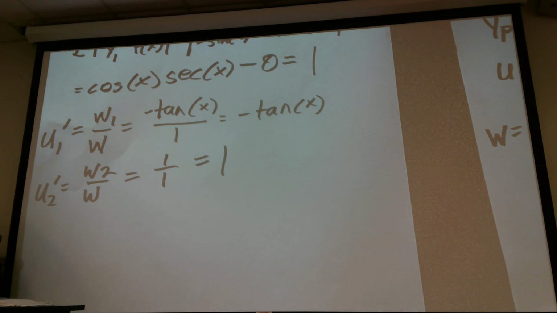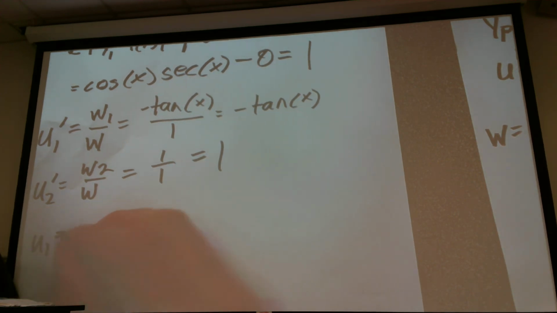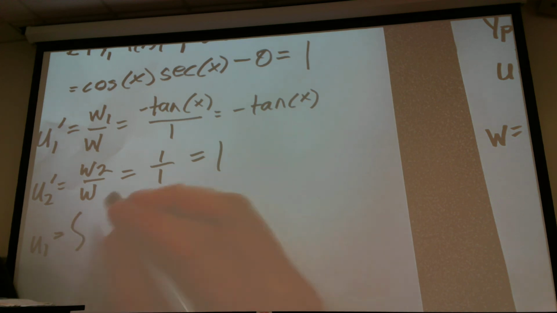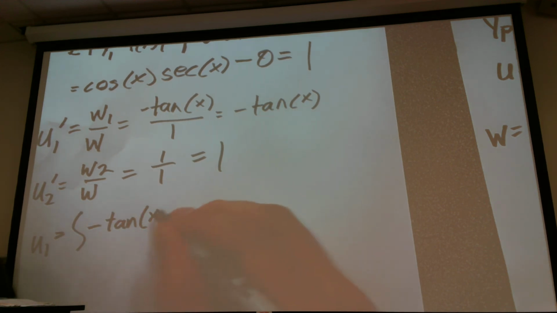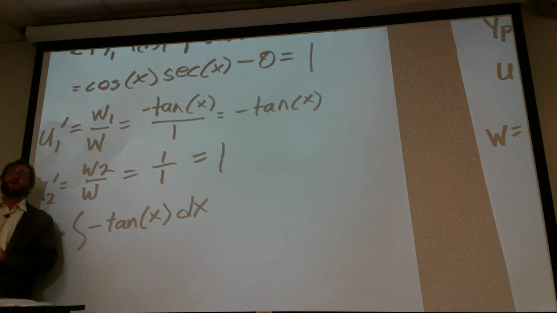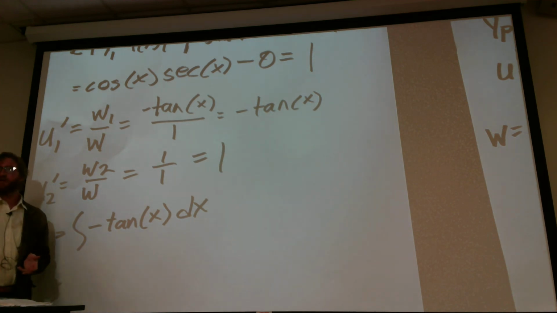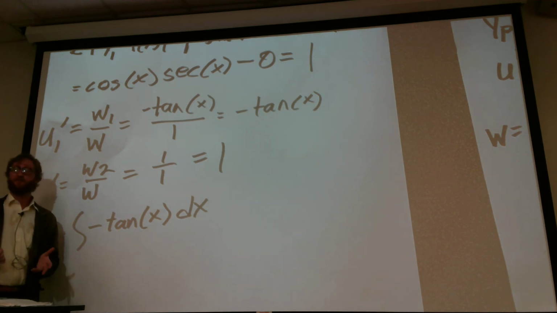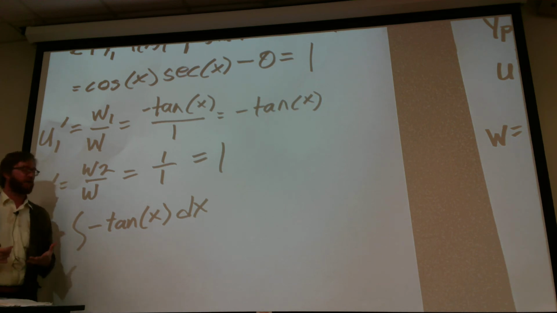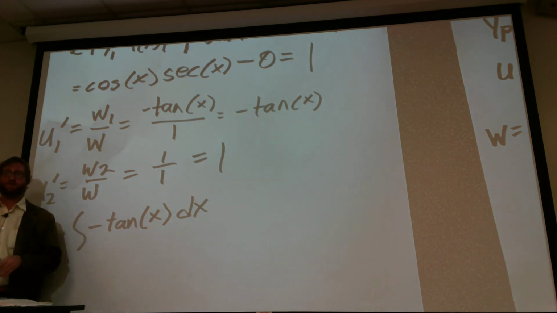So u1 would equal the integral of negative tangent of x with respect to x. On this type of integral, we're not going to put a plus c on there because we don't care about the plus c. What we're really looking for is the function u1, because there's already plus c's all over the problem.